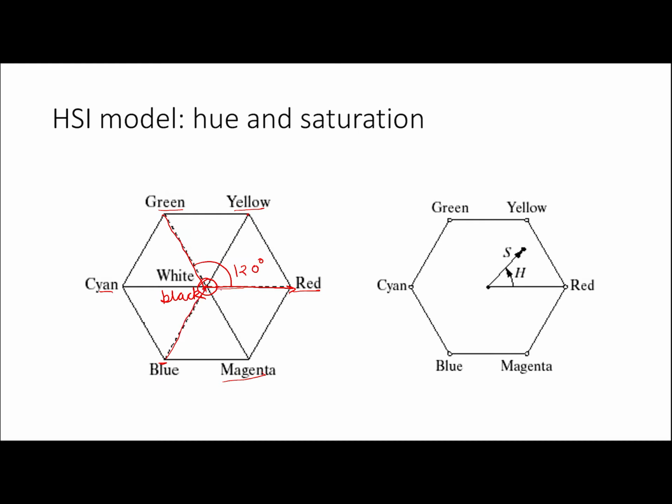Similarly, blue and red will also be separated by an angle of 120 degrees. In the same manner, the secondary colors yellow and cyan will be separated by an angle of 120 degrees. However, the angle of separation between red and yellow is equal to 60 degrees.